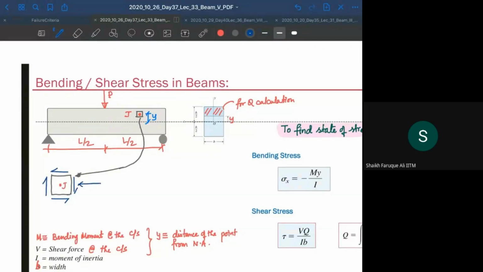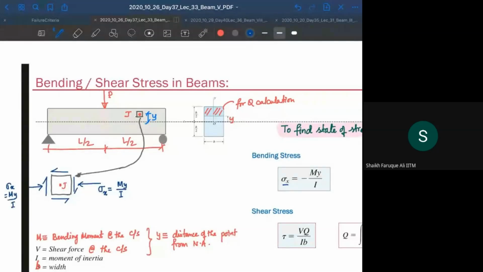So this is going to be this way, and this is going to be this way. So this is my sigma y, or we'll write it as sigma x. Sigma x is equal to My by I, right? Here you see the right side, sigma is equal to My by I, bending stress. The same thing is going to act here.